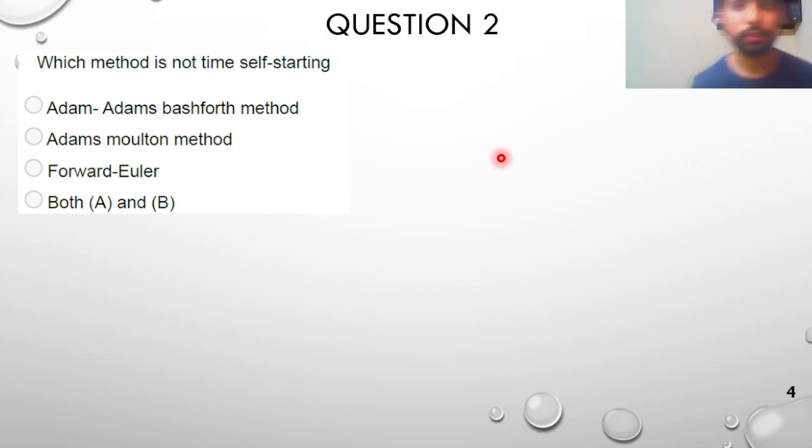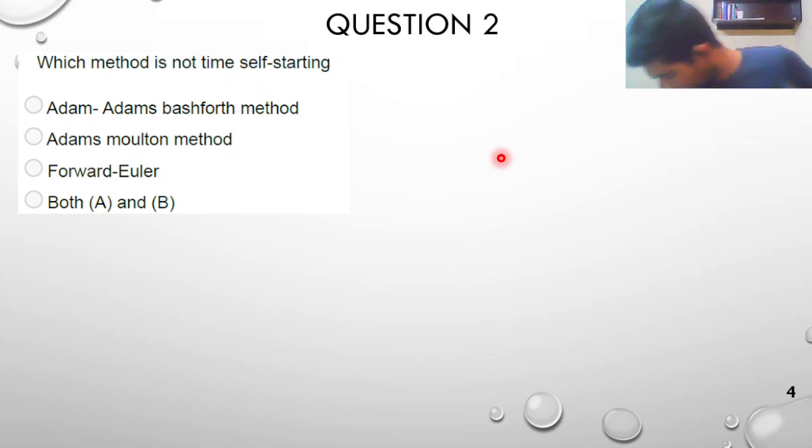We have just now seen what Adams Bashforth is. I think it should be just Adams Bashforth. Anyway, it is just Adams Bashforth and Adams Moulton and forward Euler. We have seen all these things just in the previous slide.